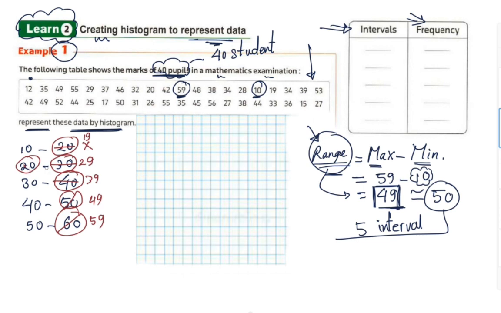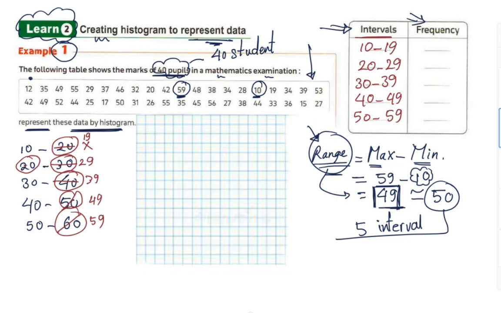Now we have intervals from 10 to 19, from 20 to 29, from 30 to 39, from 40 to 49, 50 to 59. So this is where I will write these intervals. The first one will be from 10 to 19, from 20 to 29, from 30 to 39, from 40 to 49, from 50 to 59.